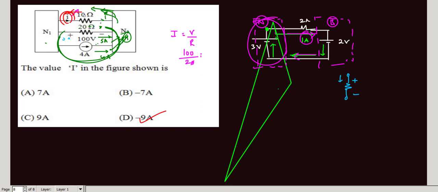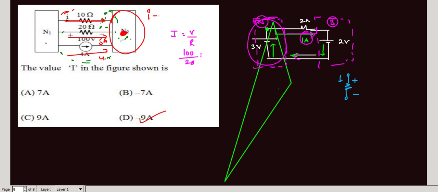It should be minus 9 amperes. But you can also apply KCL simply. You take this network as simply one node. Here the current entering is I, here the current entering is 5 amperes, 100 by 25... 5 amperes. Here the current entering is 4 amperes.